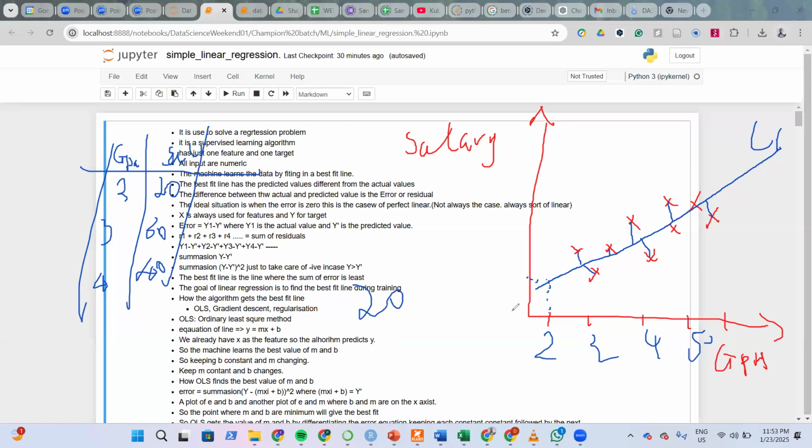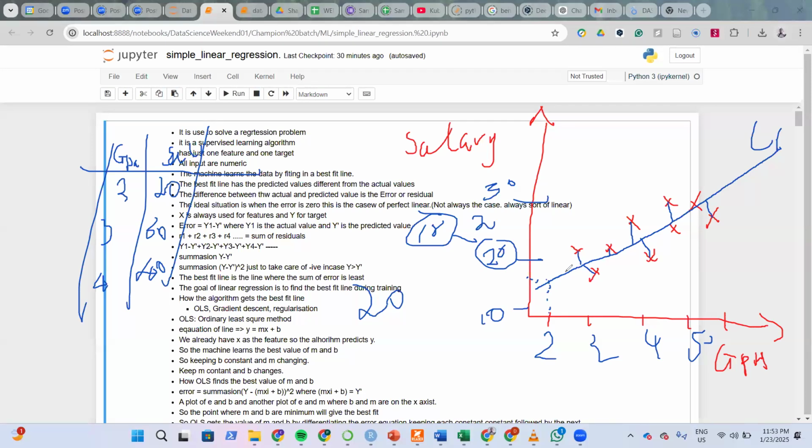The salary might say be 18,000. So the difference between the real value and the predicted value is what we call the residual. The residual here is going to be 2, right? Because it's going to now be using the line of best fit to do predictions in the future.